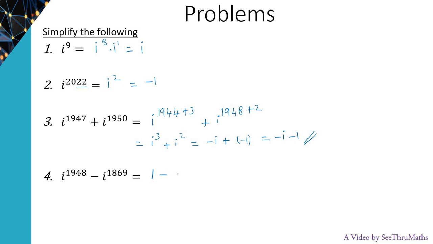Minus i^1869, how can I write this? See here, 69 is an odd number, so the remainder may be 1 or 3. If I subtract one, the number is 68. So i^1868 is divisible by 4, multiplied by i^1. So this is equal to 1 minus i^1868 into i^1, and i^1 is i. So the answer is 1 - i. That's all.